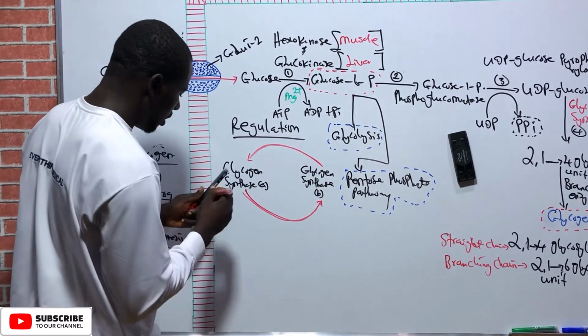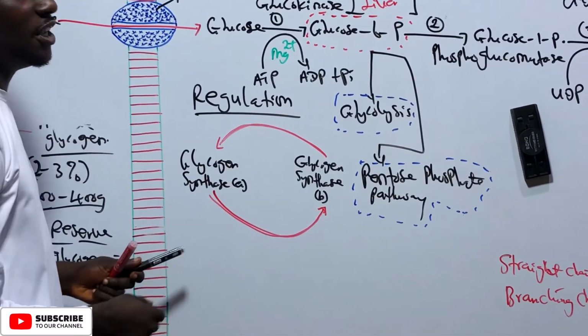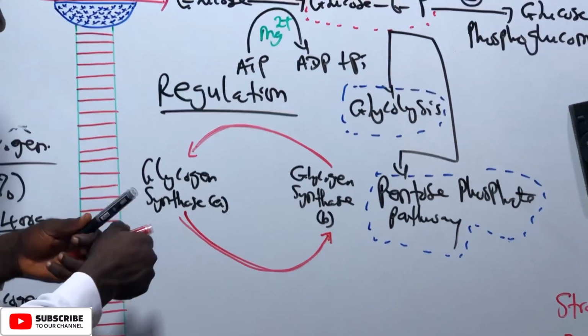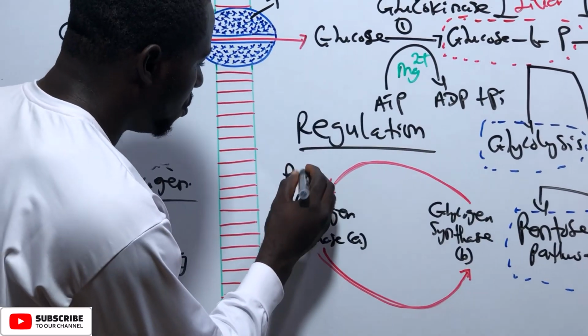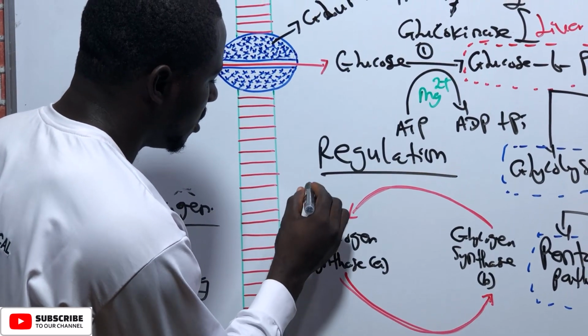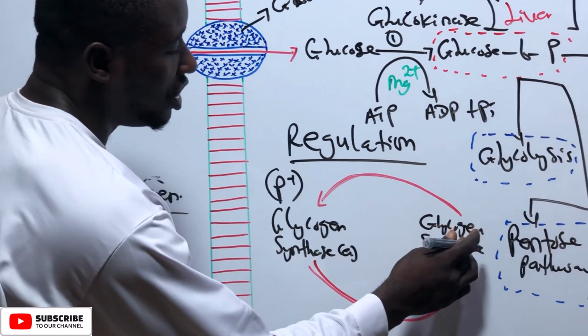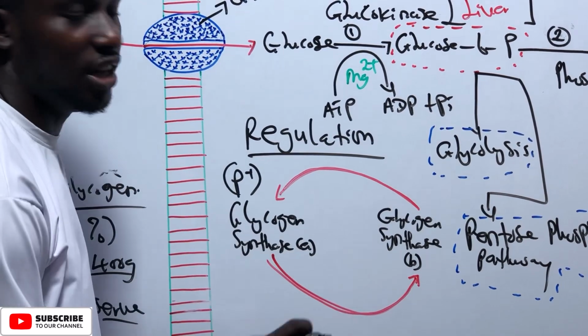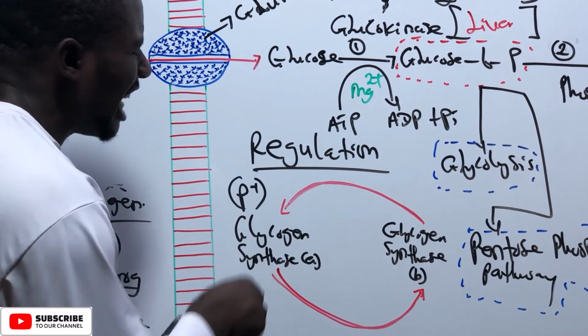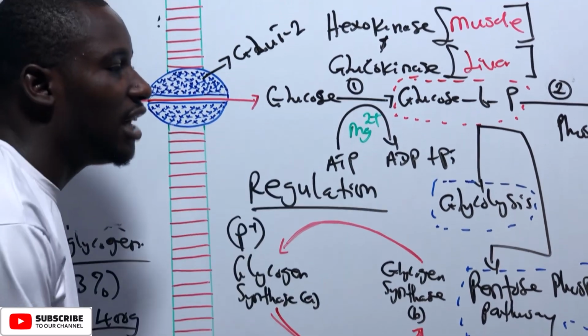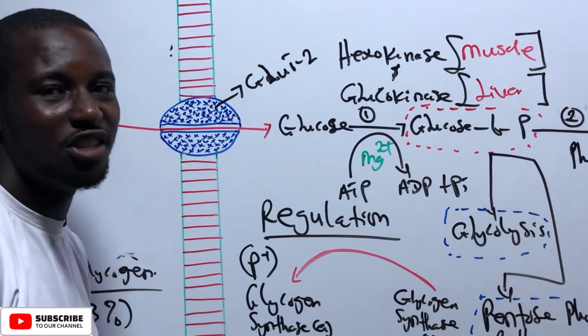Okay, so glycogen synthase A is phosphorylated, so there is addition of a phosphate group to it. While glycogen synthase B is not phosphorylated. Automatically, glycogen synthase A, which is phosphorylated, is the inactive glycogen synthase.